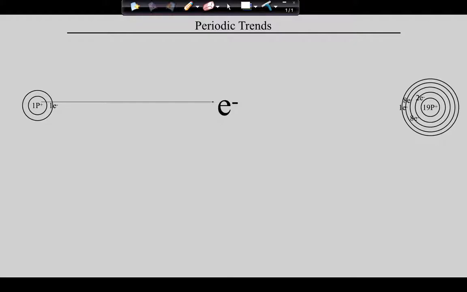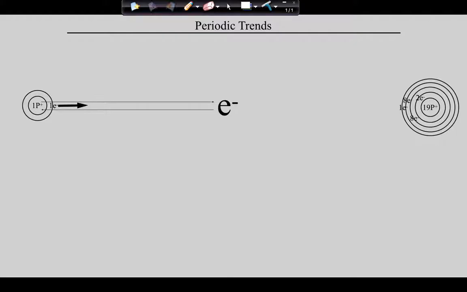It's got a Z of 1. It's got 1 proton. It doesn't have a lot of pull. But interestingly, it also has very little shielding. It's only got 1 electron that is shielding this electron, and 50% of the time on average, this electron is on the other side, and it doesn't shield at all. So we've got low shielding, but a weak nucleus.